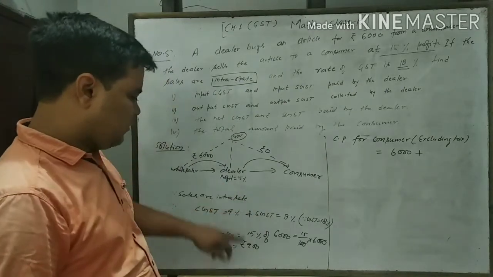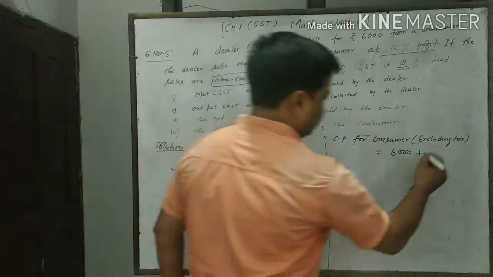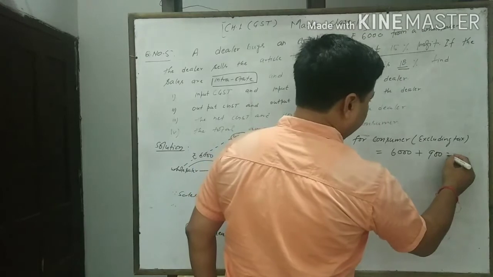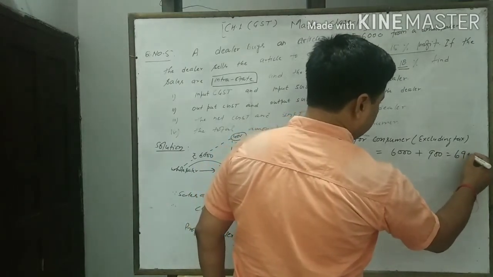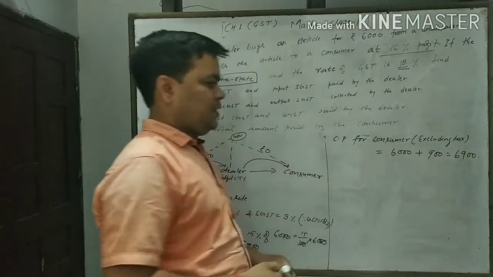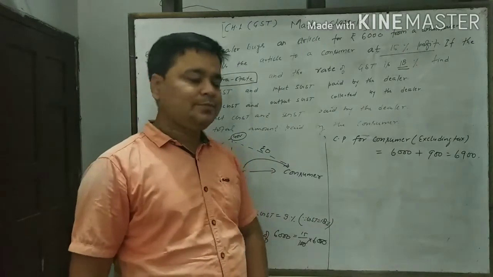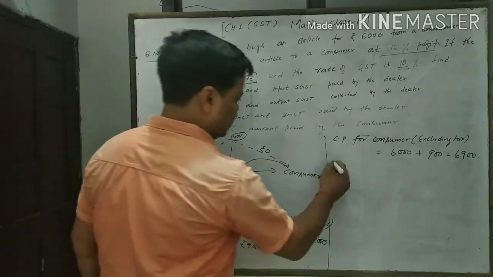And what is the profit? That is 900 rupees. That will be 6,900 rupees. This is the value which we will use later. Now the first question.